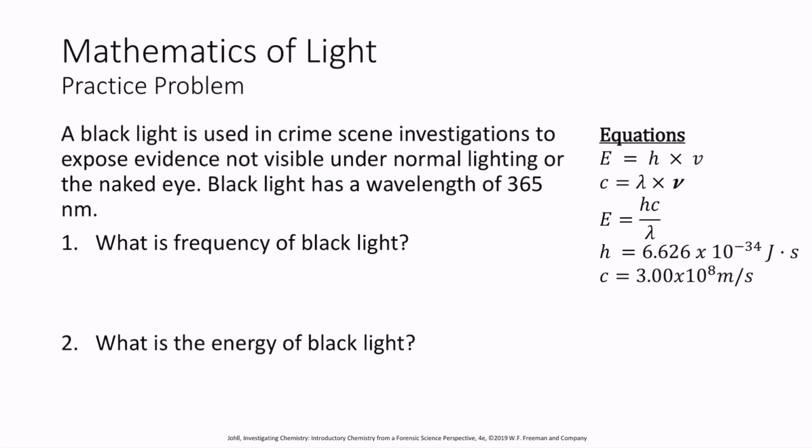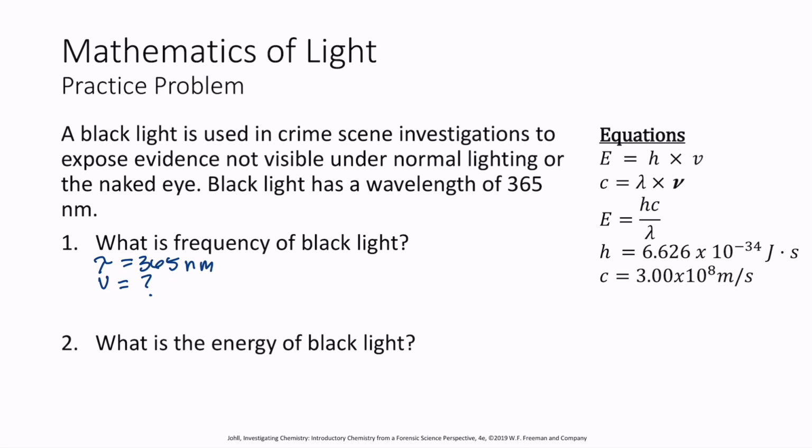So I have my wavelength, and I want to solve for the frequency. So I'm going to look at my list of equations and find out which ones have both wavelength and frequency and don't have any other variables. And I can use this equation right here, similar to what we just did in the previous problem.